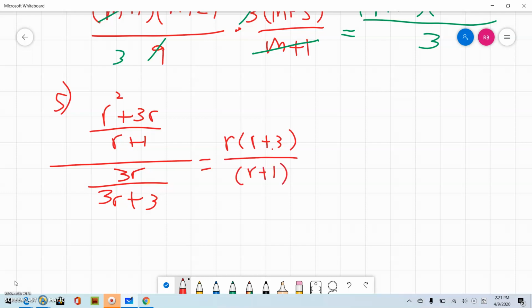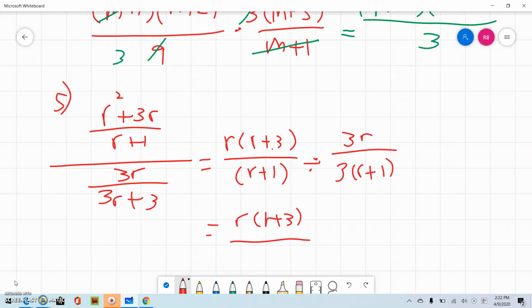It's basically this fraction divided by the fraction in the bottom, right? So then we can apply the same thing that we did, change this to multiplication, and then rewrite the fraction the other way. So these things cancel, and then in the end, it's just r plus 3.